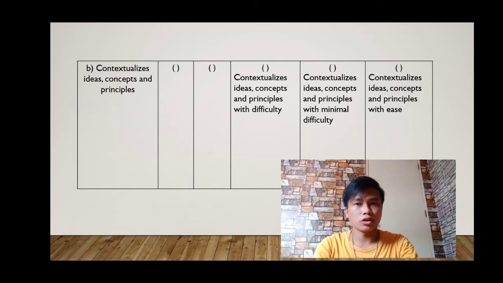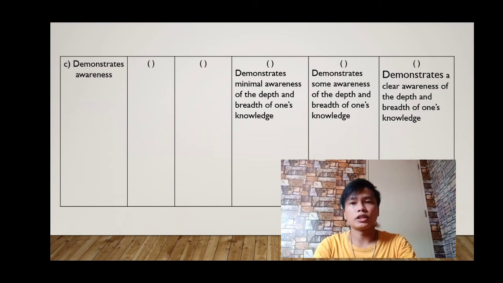So let's proceed to another situation, which is the students demonstrate awareness. In the category of the beginner, the students can demonstrate minimal awareness of the depth and breadth of one's knowledge.